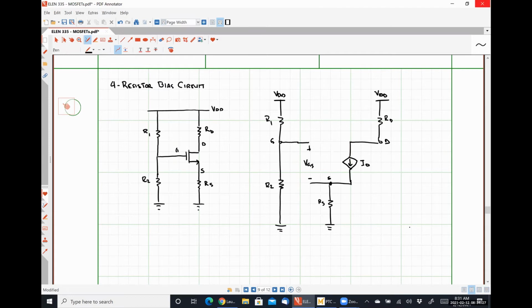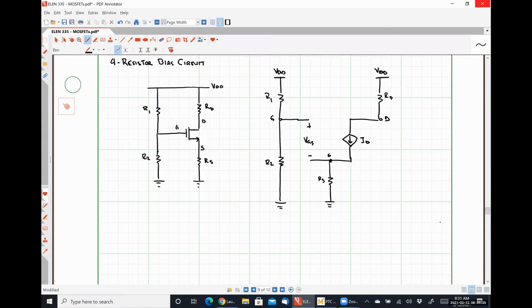So we know exactly what VG is, the voltage applied at the gate, just using simple voltage division, okay? So that's our first observation. VG will always be VDD times R2 over R1 plus R2. Can't be anything else.